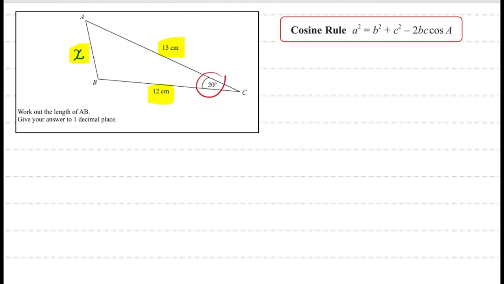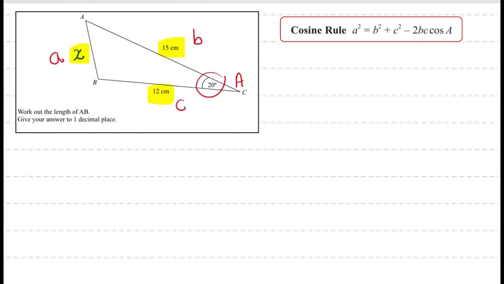Now we need to identify which side represents which letter in the formula. We know that the angle that is given in the question represents the angle capital A. So we write A for the angle. And the side opposite angle A is lowercase a. And the other two sides in any order are b and c.